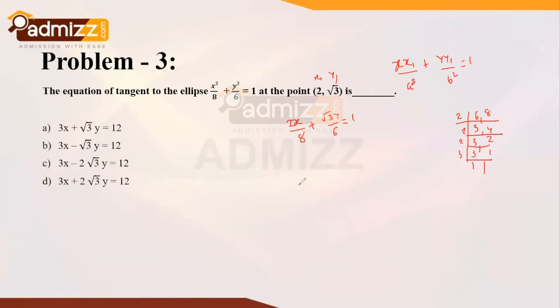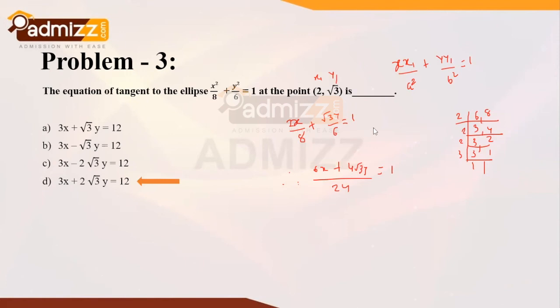Okay, so it is 24, sorry. So we are having 6x plus 4 root 3y equals 24. And if you do the further simplification, yes, definitely you are going to obtain the answer as 3x plus 2 root 3y equals 12.